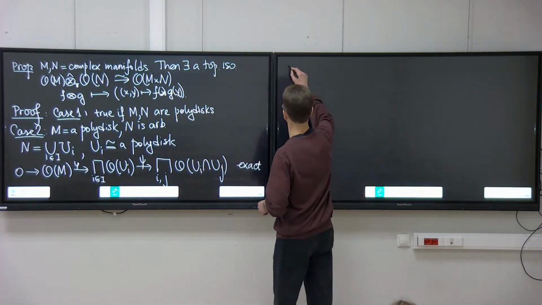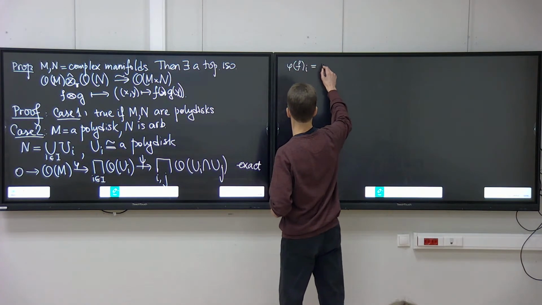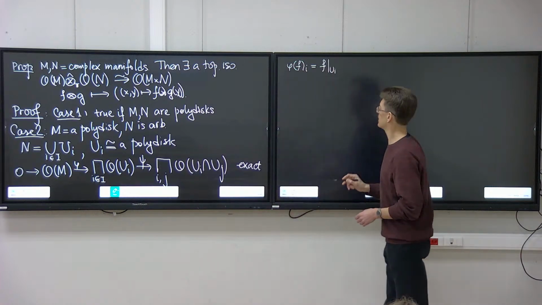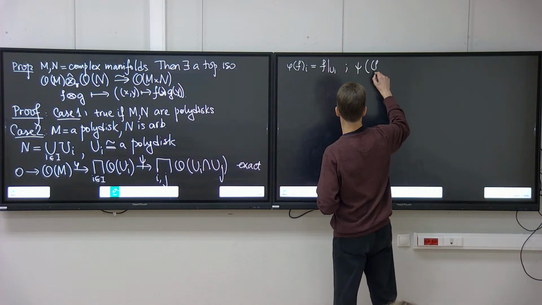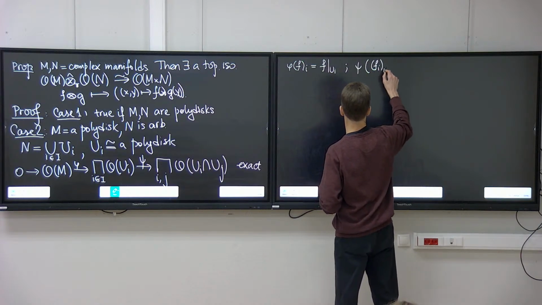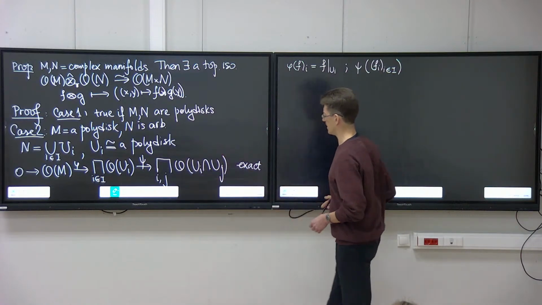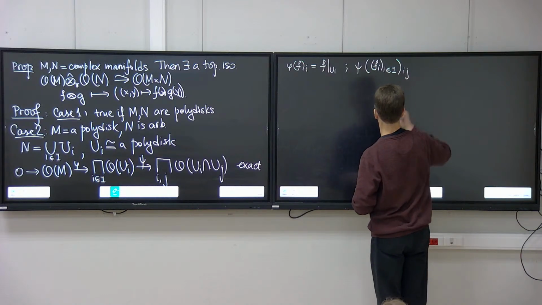Phi takes every holomorphic function to the family of its restrictions to the sets U_i, and psi takes a family of holomorphic functions f_i to the family in this product indexed by pairs i and j.